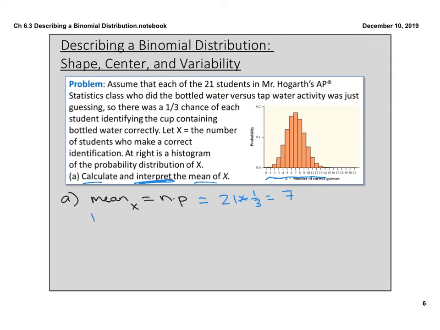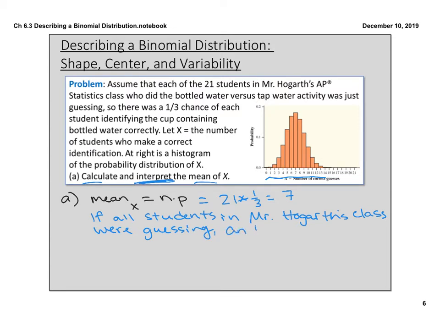So if all students in Mr. Hogarth's class were just guessing, and repeated the activity many times, that's important, the average number of students who guessed correctly would be about 7.